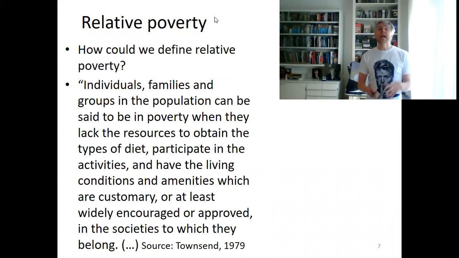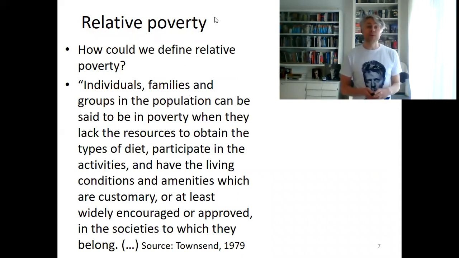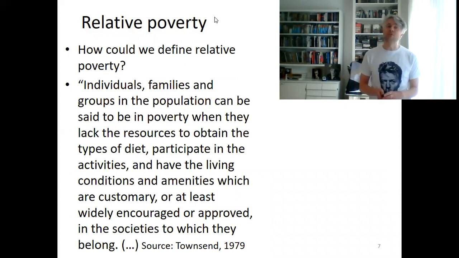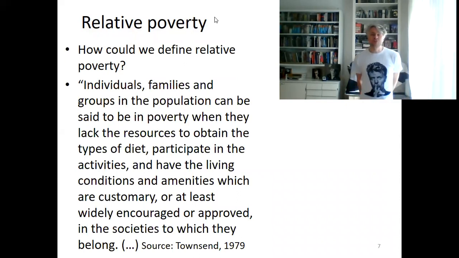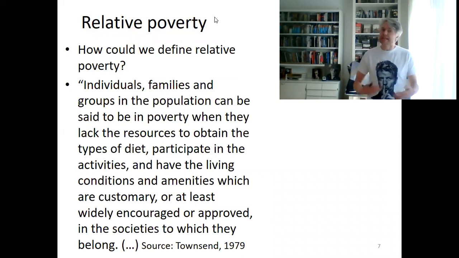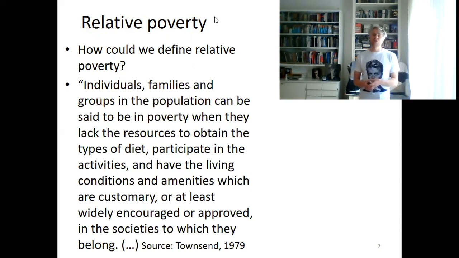Have a look at this. Individuals, families, and groups in the population can be said to be in poverty when they lack the resources to obtain the types of diet, meaning nutrition, healthy food, participate in the activities, and have the living conditions and the amenities which are customary, or at least widely encouraged or approved in the societies to which they belong.